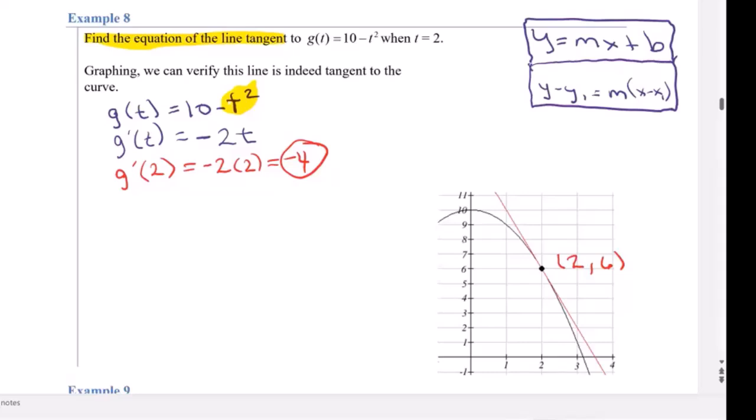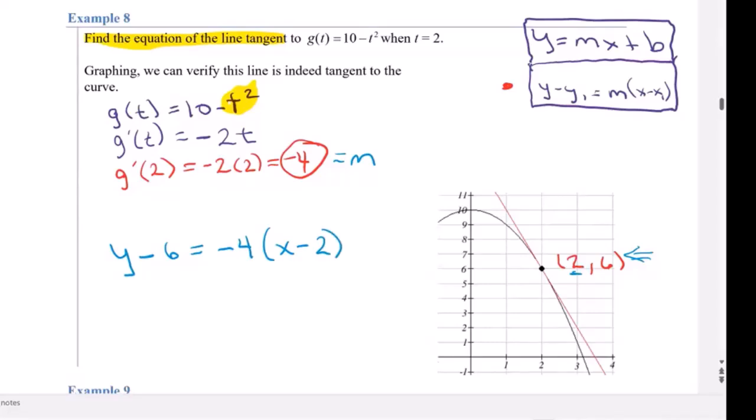So why can't we use this form? Because that form gives me y minus y1, and we only have one y, so that must be y1. So that's 6 equals m, and that's the derivative, so negative 4 times x minus 2.